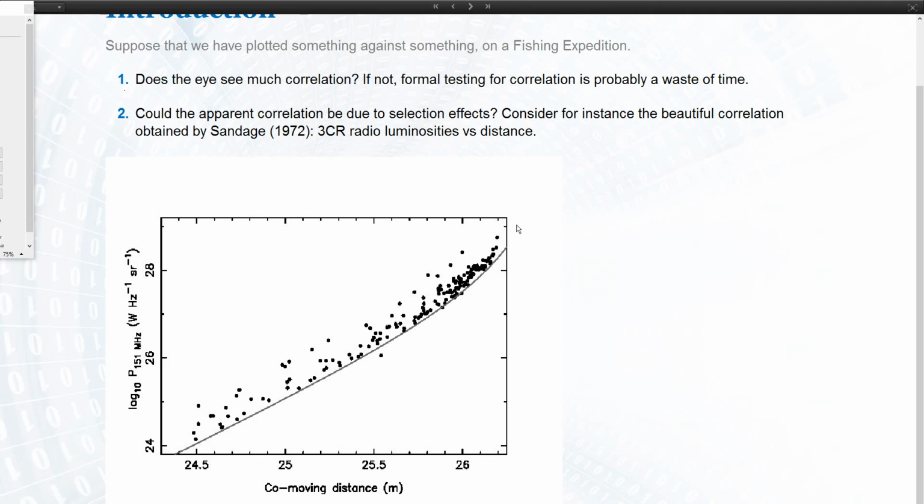If we go further away, the brightness of an object decreases with distance squared. So that means this line has to increase with distance, because our detection limit is some absolute number.